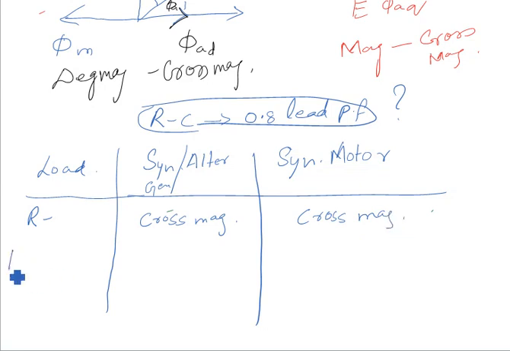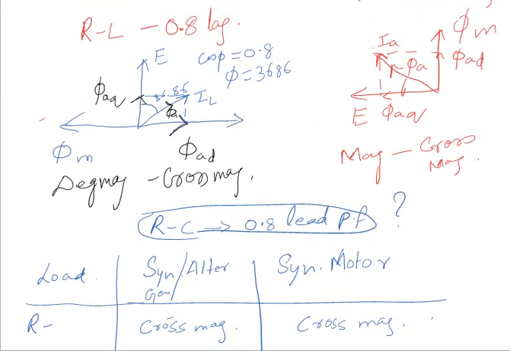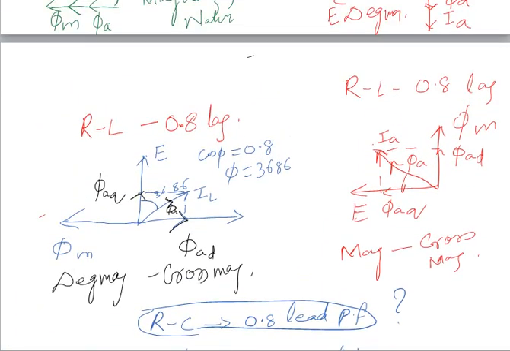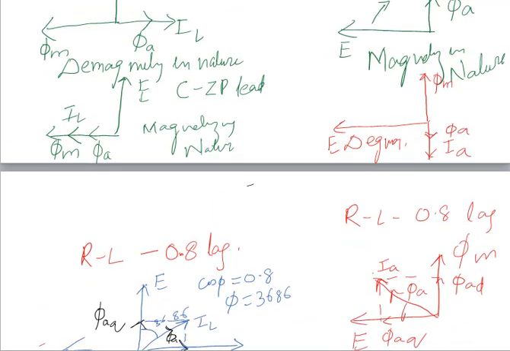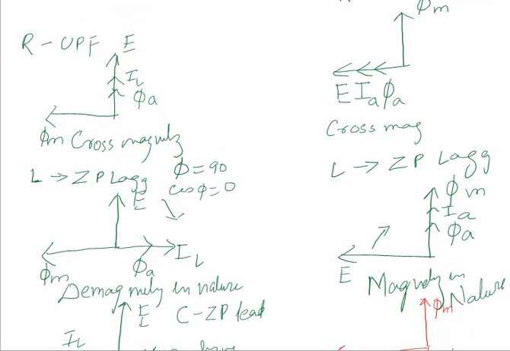For L load, means zero power factor lagging, just check how our alternator behaves. For alternator, it behaves as demagnetizing. For L load, it is demagnetizing, while it is magnetizing for motor load, right?